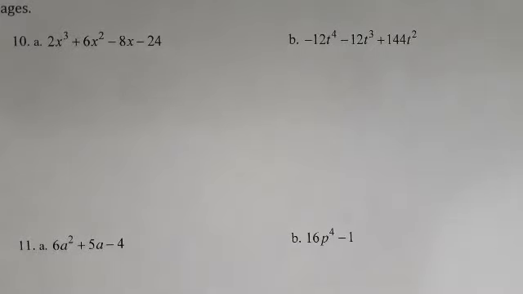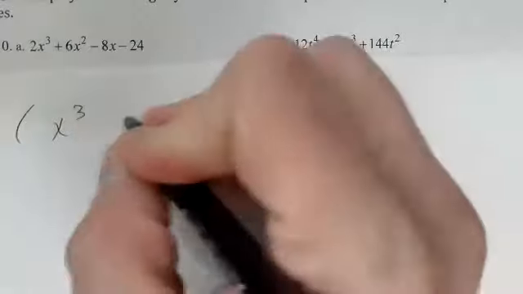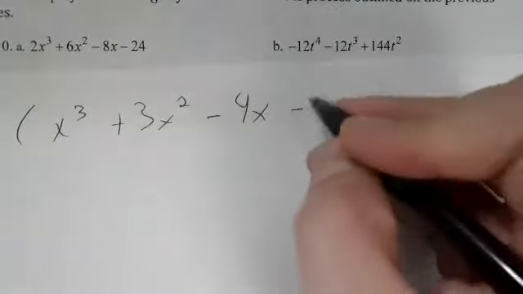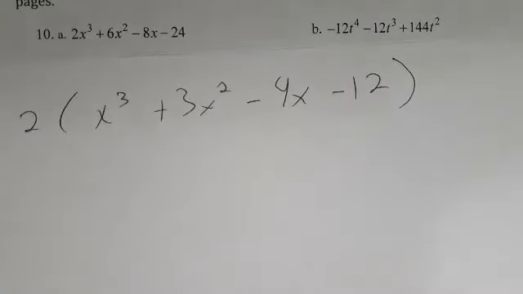But even before we start doing all that, the first thing you should always do is look for a GCF. If we look for a GCF, I'm looking here at 2, 6, 8, and 24. I think I can take out 2 from each of these: x cubed, x squared, that's 4x. So I'm dividing everything by 2.